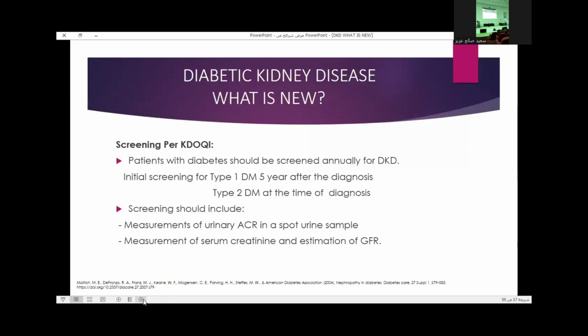For the screening of diabetic kidney disease, in type 1 diabetes we usually screen after 5 years from the diagnosis, but for type 2, we usually do the screening at the time of diagnosis. We use the urinary albumin to creatinine ratio and the serum creatinine plus the estimated GFR.